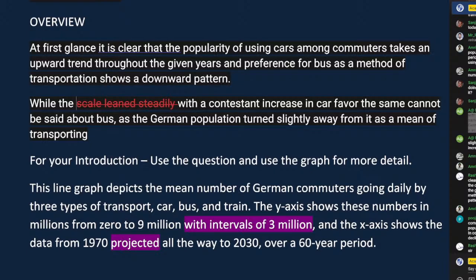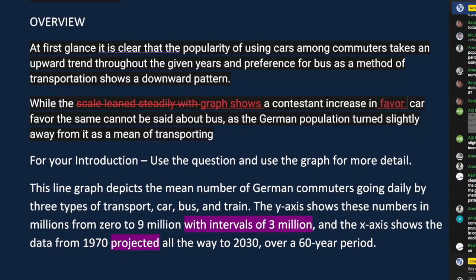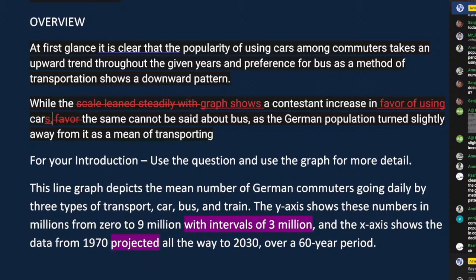While the graph shows a constant increase in favor of using cars, okay, comma, because you have a complex sentence with your dependent clause in the first half.